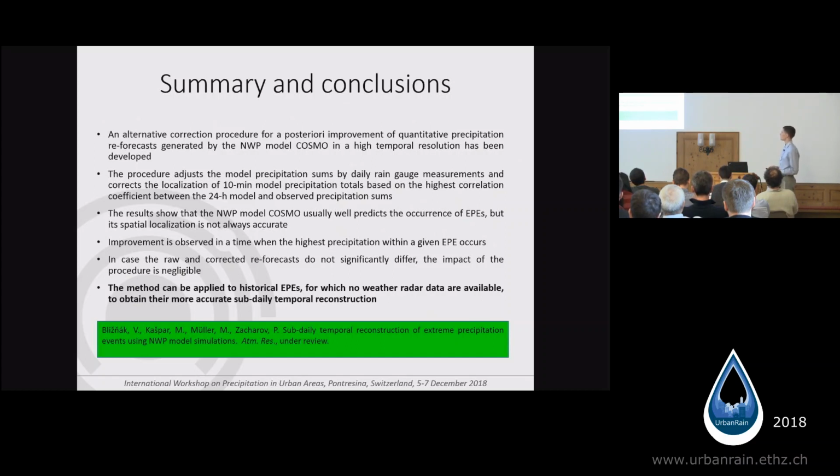In case the raw and corrected reforecasts do not significantly differ, the impact of the procedure is rather negligible. Although the results stem from the 7 selected cases only, the study indicates that the method can be applied to historical events for which no weather radar data are available.